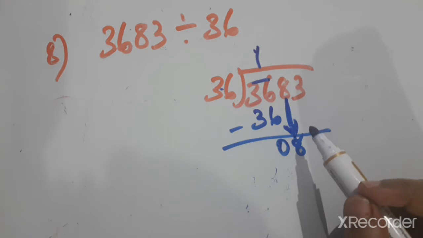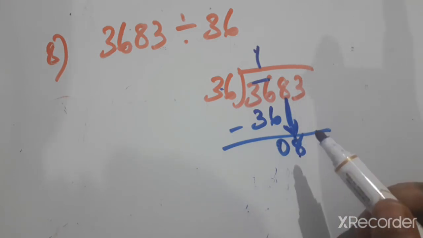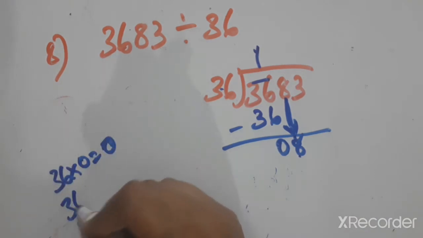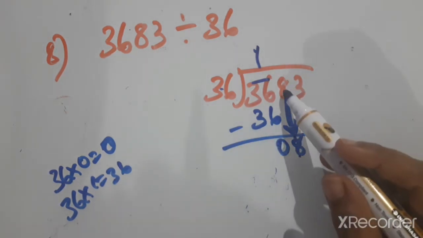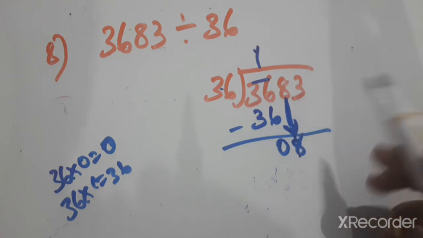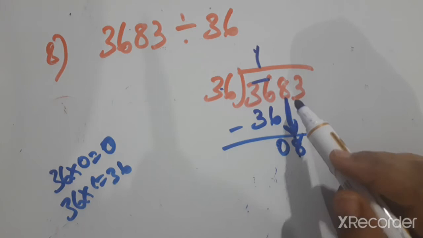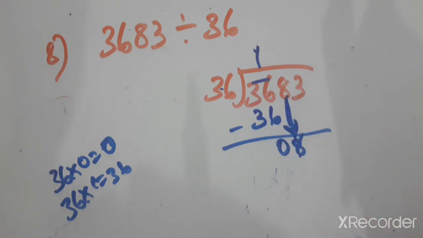Don't take two numbers; that is a different, alternate method. In this method, it is the safer side. Bring only one number in each step.